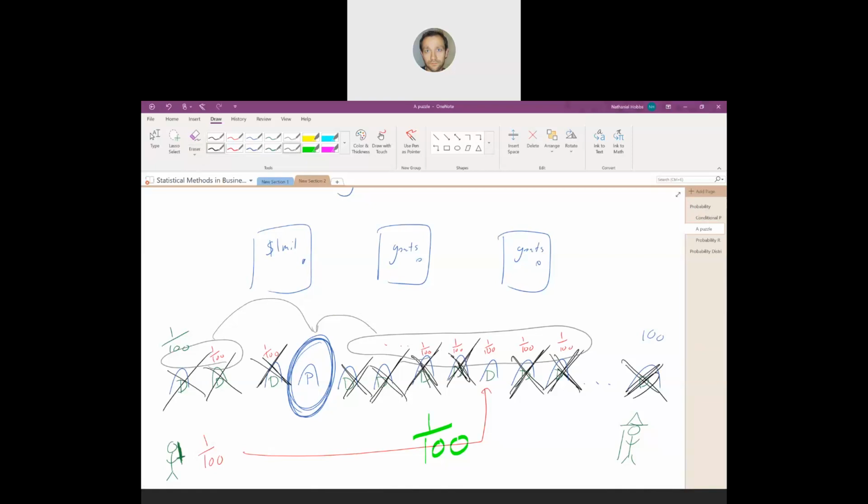So this probability hasn't changed, but all of these other probabilities, they pool up here, and now this is 99 out of 100 that the princess is going to be in that cave.